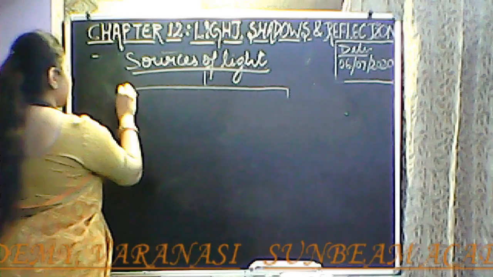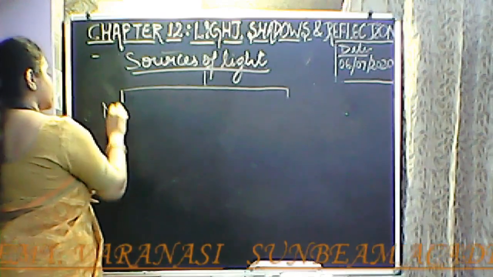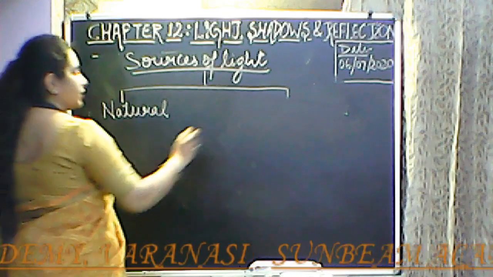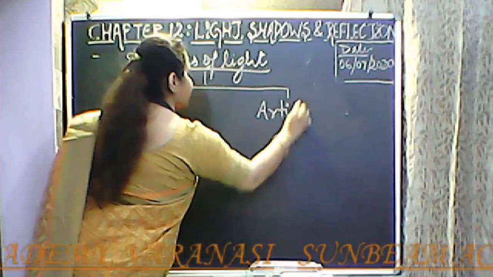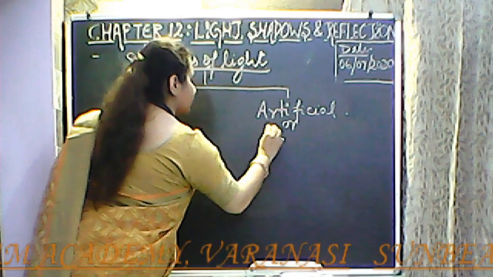Here, it can be of two types. First, there are certain lights that are natural. There are certain lights that are artificial or human made.